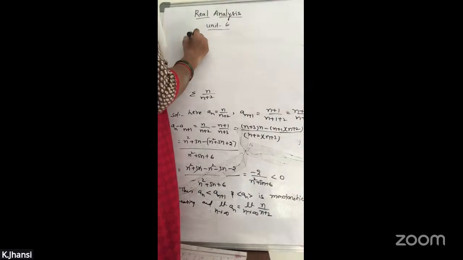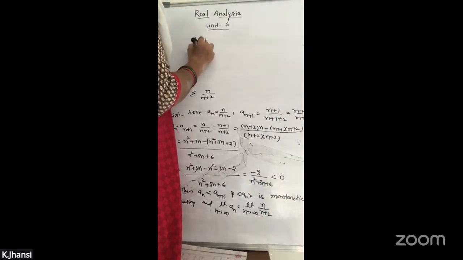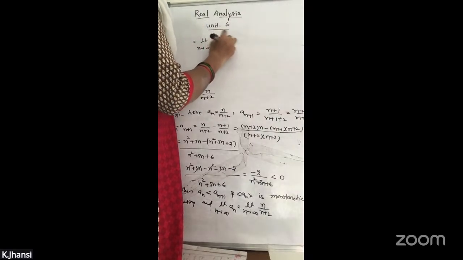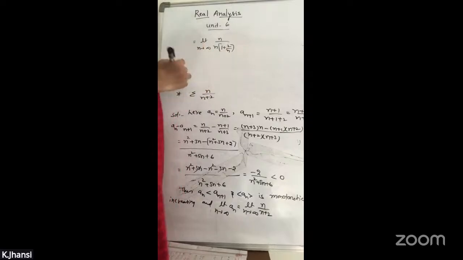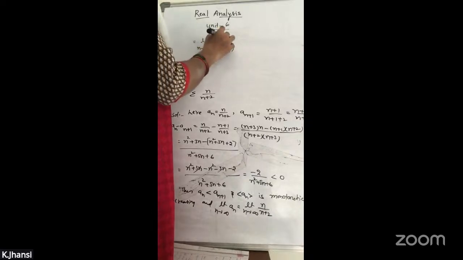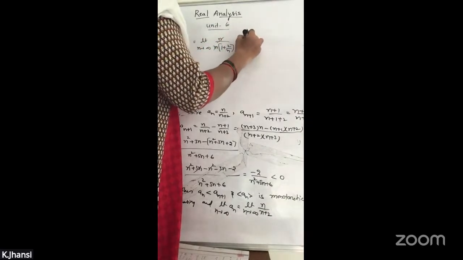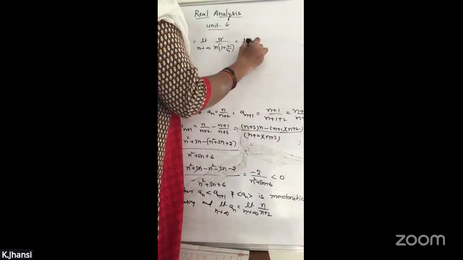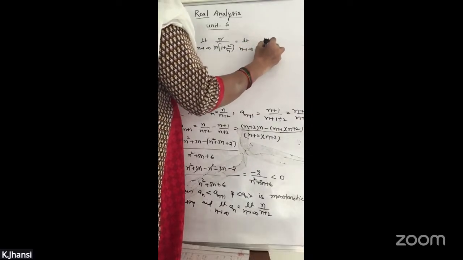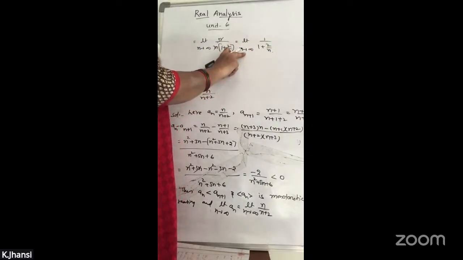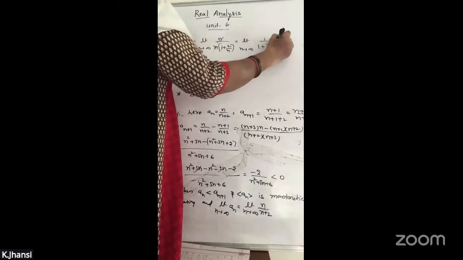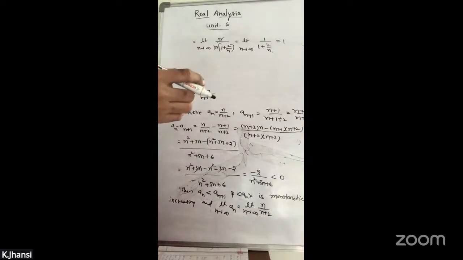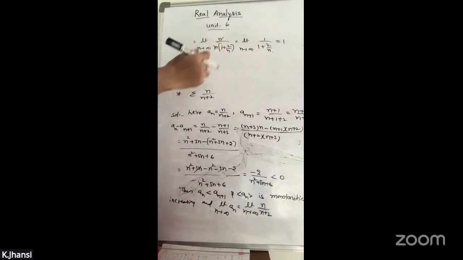So if n gets cancelled, it is equal to limit n tends to infinity 1 by 1 plus 2 by n. When you substitute n value as infinity, you will get 1 by 1 plus 0. That means it is equal to 1. Okay.